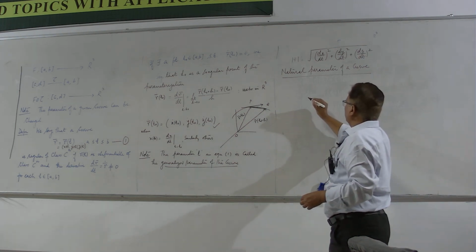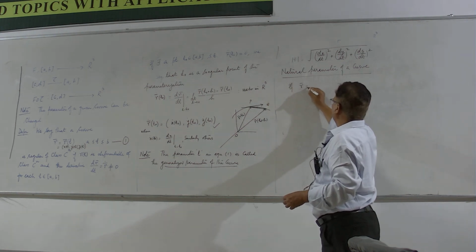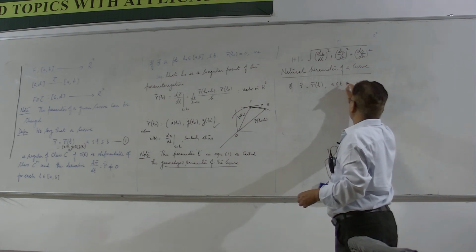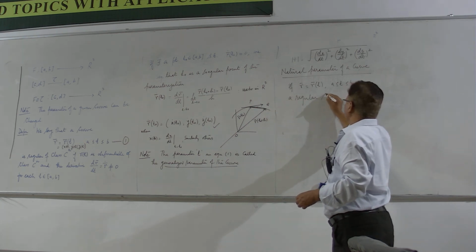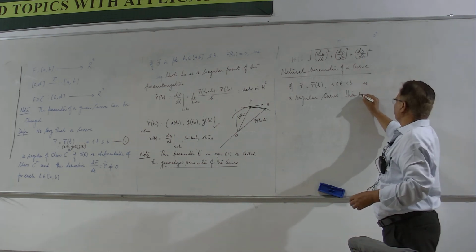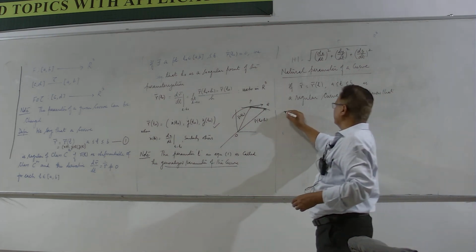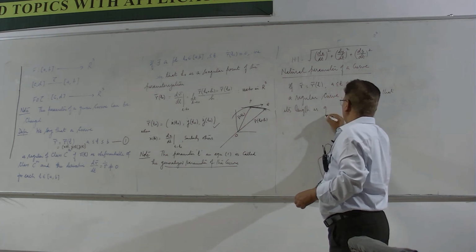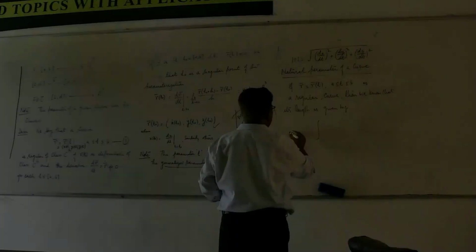We already know that if r equal to r of t is a regular curve, then its length is given by, I will denote the length by S.